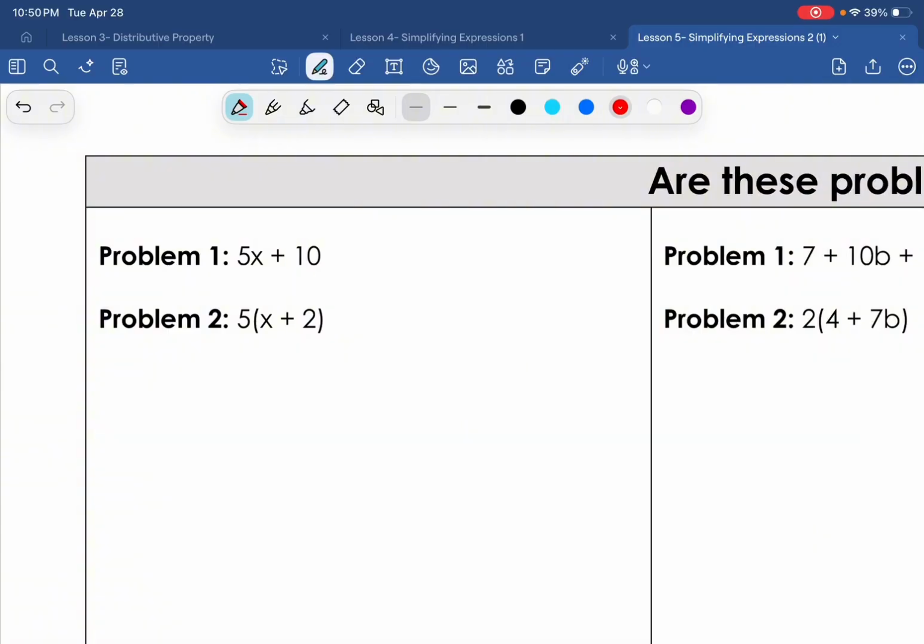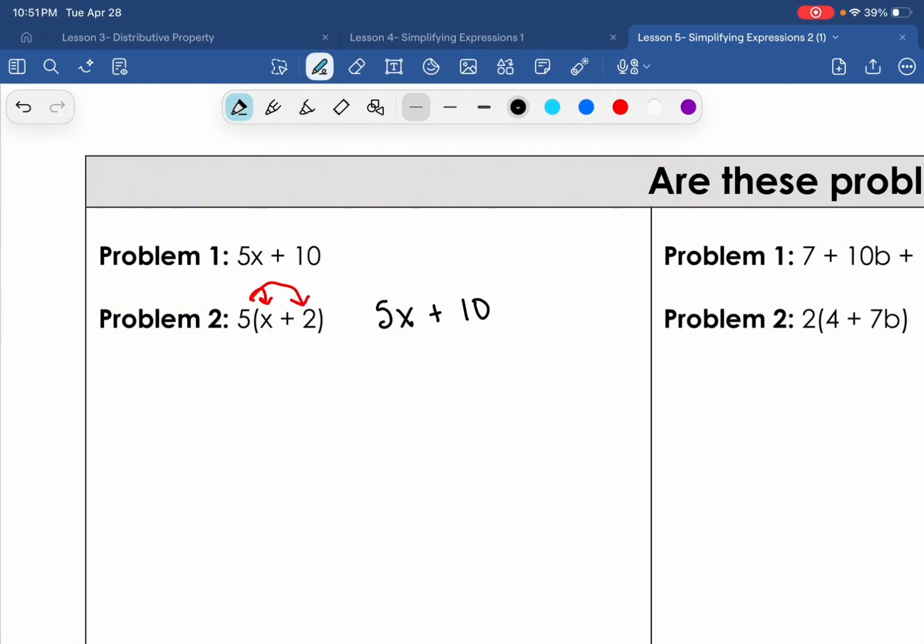Okay? So first things first, we have 5x plus 10. And then for problem 2, we have 5 times x plus 2. Now remember, we need to get rid of parentheses first to be able to really see the expression simplified all the way. So 5 times x is 5x, operation stays the same, and 5 times 2 is 10.